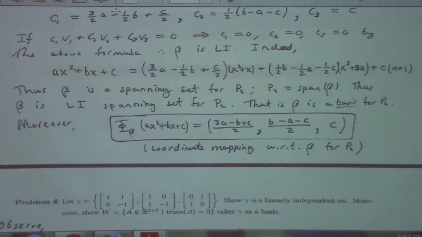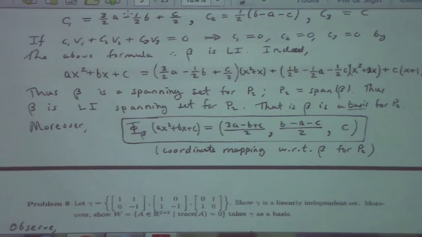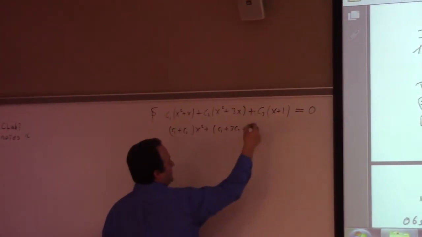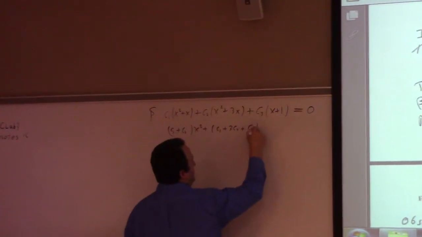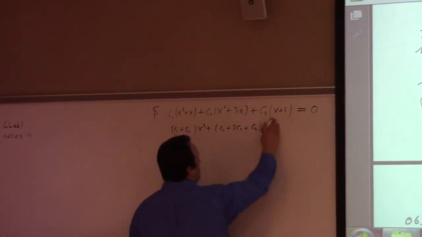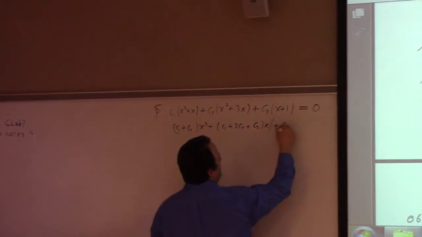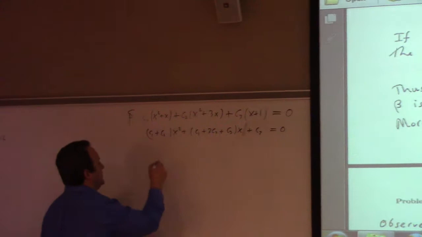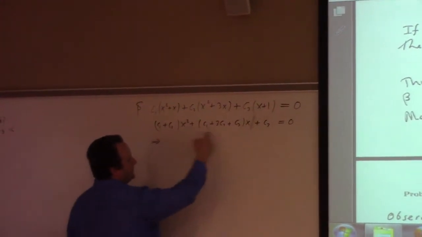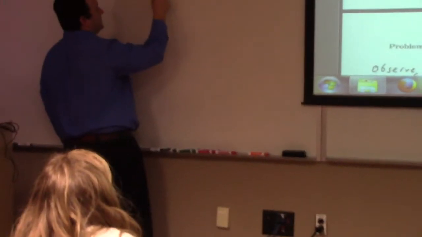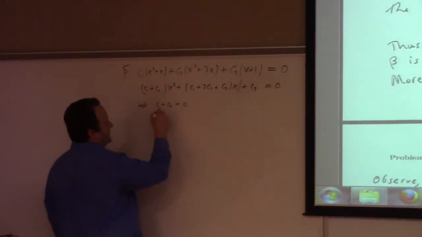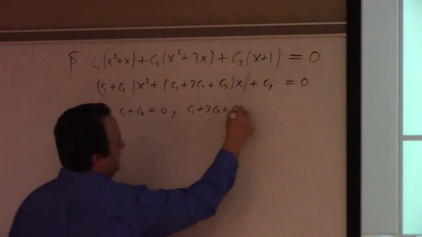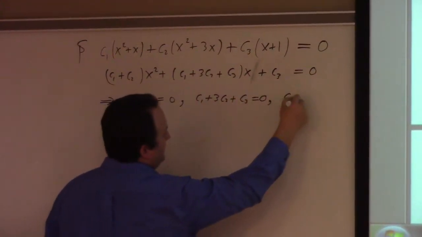That gives me (C1 plus C2) times x squared plus (C1 plus 3C2 plus C3) times x plus C3 is equal to 0. Which then implies, by linear independence of x squared, x, and 1, that C1 plus C2 is equal to 0, C1 plus 3C2 plus C3 is equal to 0, and finally C3 is equal to 0.